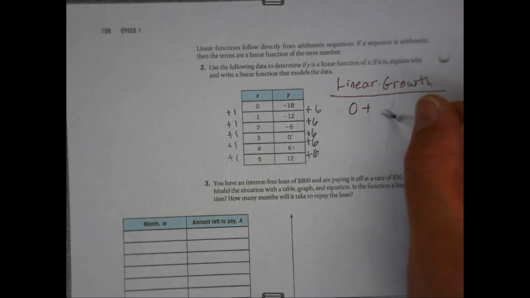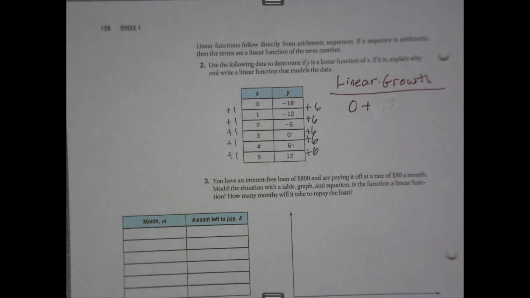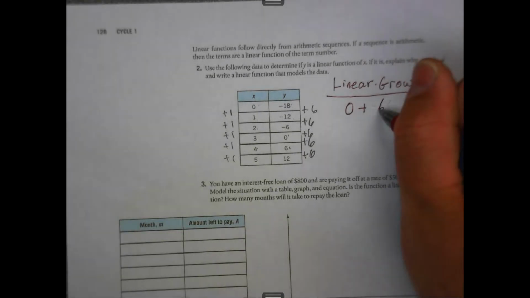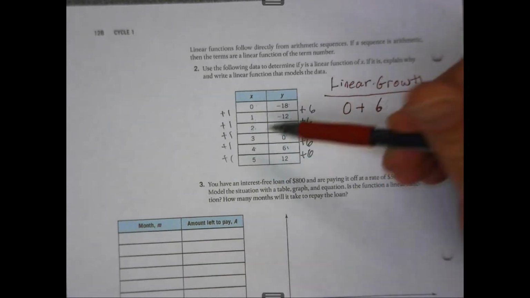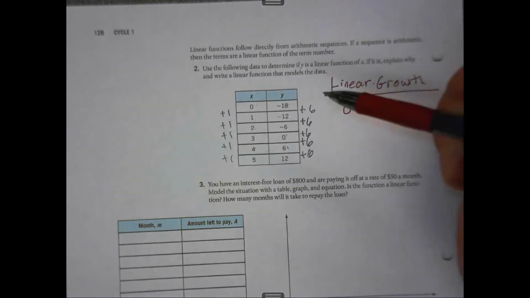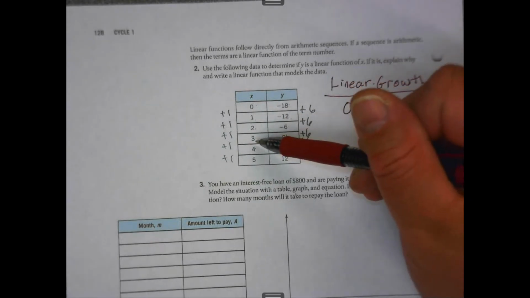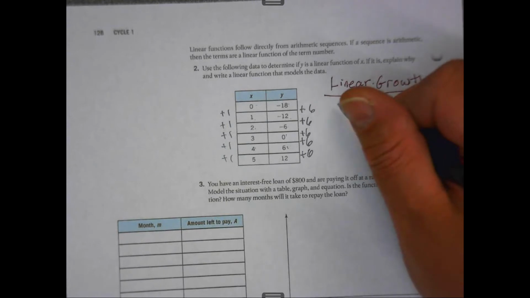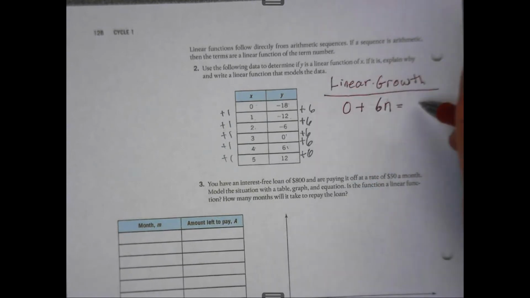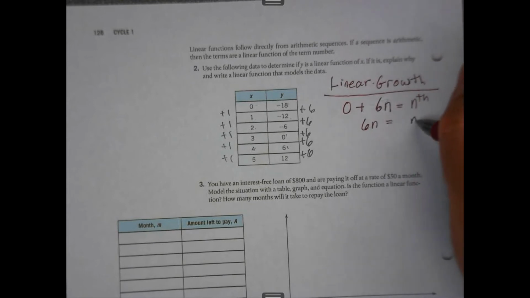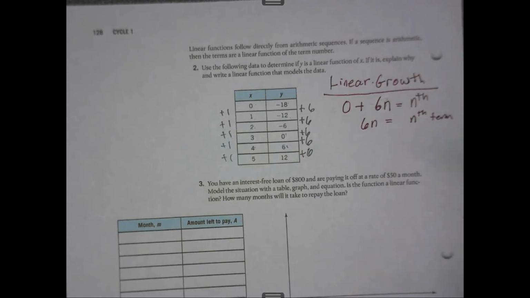I'm adding 6 to it, and it depends on which position that is, where my n is. In other words, this would be my n equal 1, n equal 2, n equal 3. So that equals my nth term. We can actually reduce this: 0 plus 6n equals the nth term. So there's my model, 6n. Pretty easy.